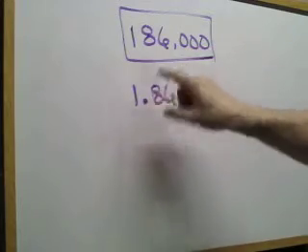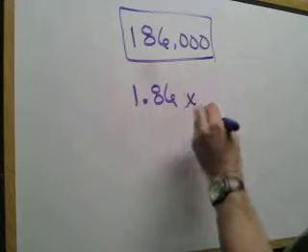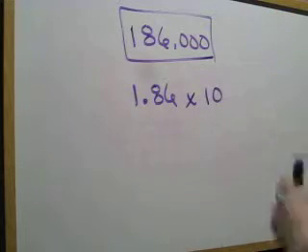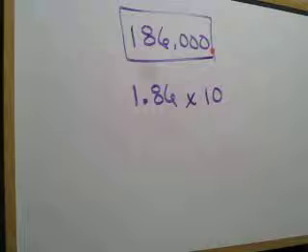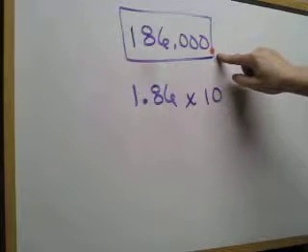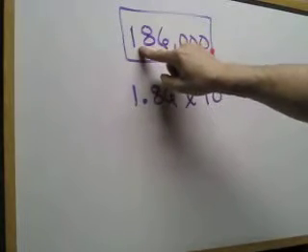Okay, so always works. 186 we're going to write as 1.86. Then we're going to put a times sign, and we're going to put a 10. And then what we're going to do is the decimal on this number was originally right here, wasn't it? 186,000 decimal. Where we moved it 1, 2, 3, 4, 5 places.